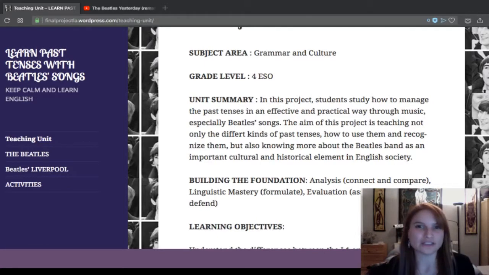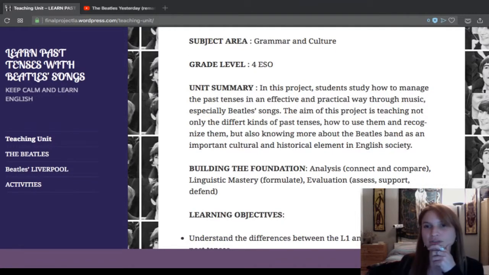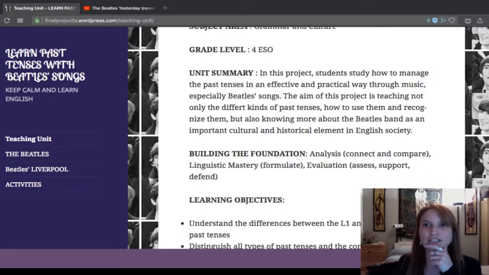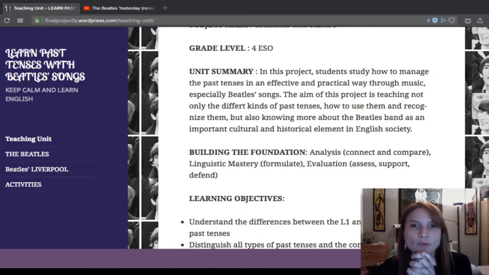The grade level is the fourth semester, and in the summary you can see that I try to help them learn how to manage all the past tenses in a proper, effective and practical way. I think that through music it is easier and more fun for them to learn how to speak and write with the proper past tense.